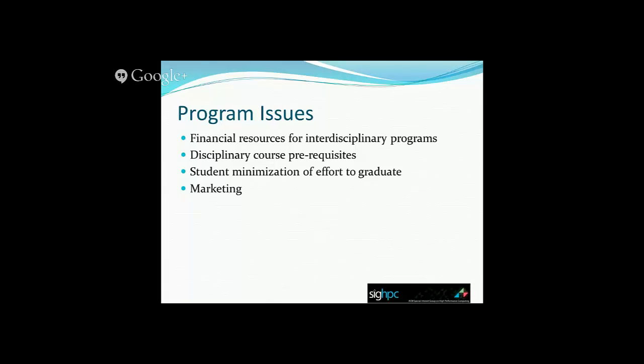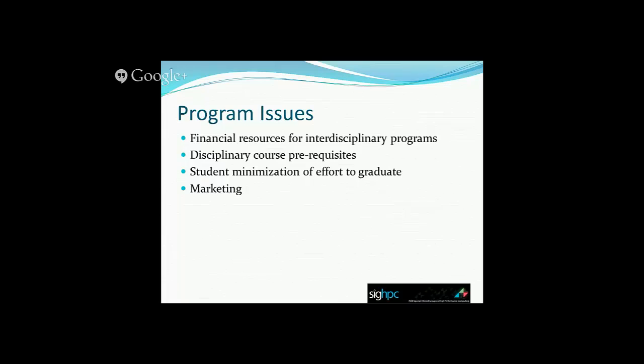Another issue that comes up often is disciplinary course prerequisites. As I mentioned in the Ohio State example, we had to come to some agreement that some of the specialized disciplines like computer science would teach a course that didn't require the same expertise and all the prerequisites of their courses for majors.